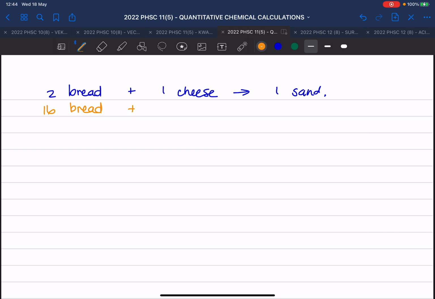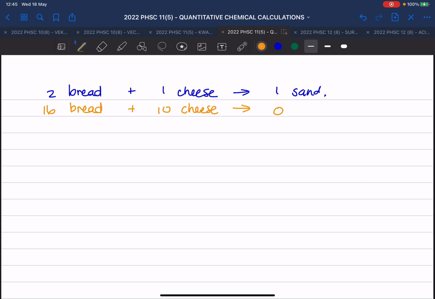Then you buy those cheese slices with plastic around them. In that packet, let's say there's 10 slices of cheese. Have you made any sandwiches? No. So you have 0 sandwiches to start with.